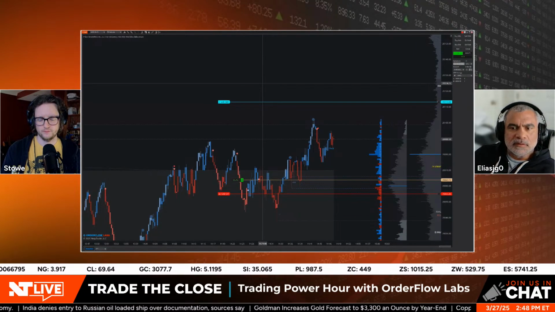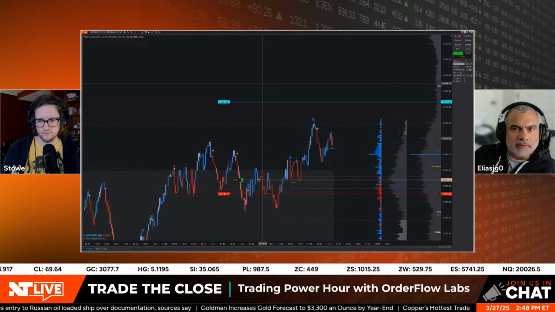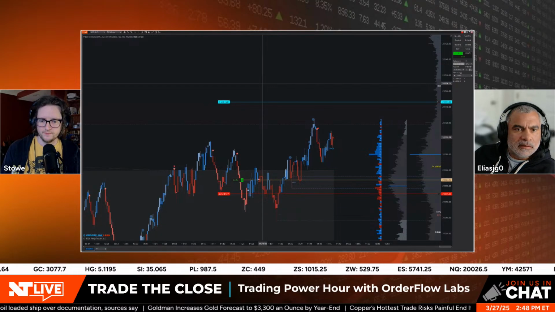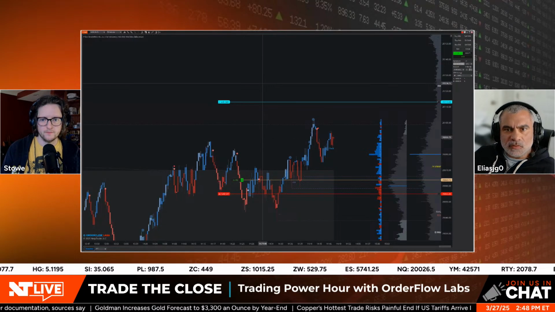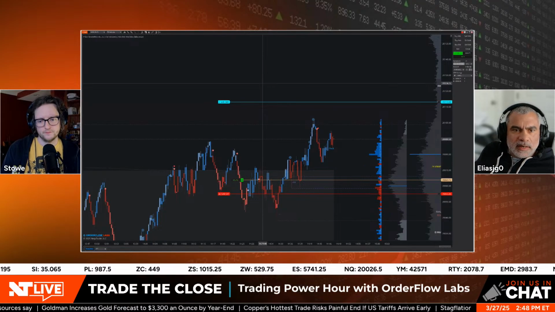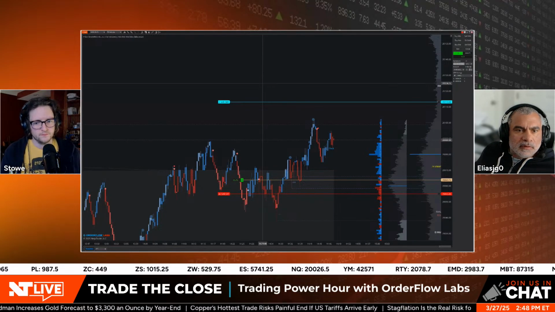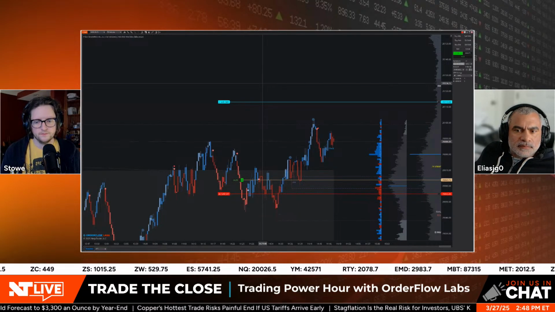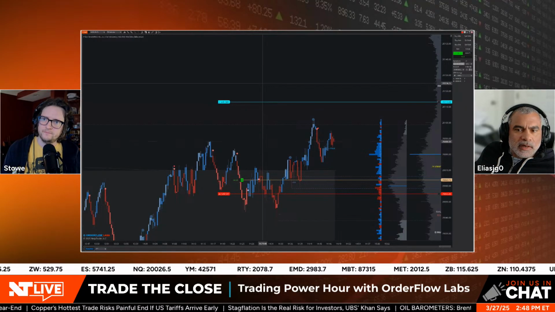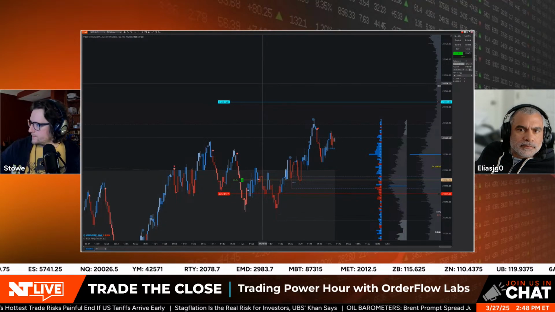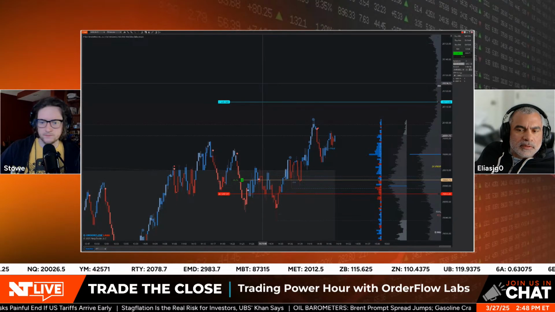I think that's a good logical target, possibly even IB high. But that 120 area has been a little rough. So I want to take two off at the prior day close, and then we'll see what happens with the other two.